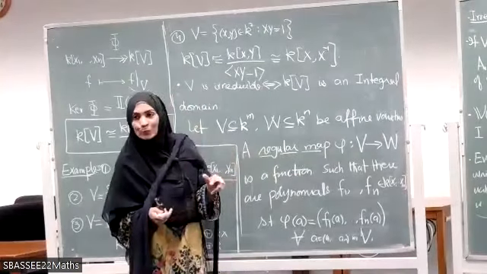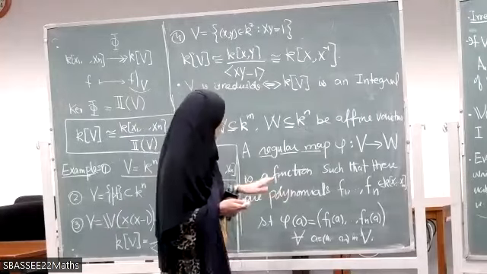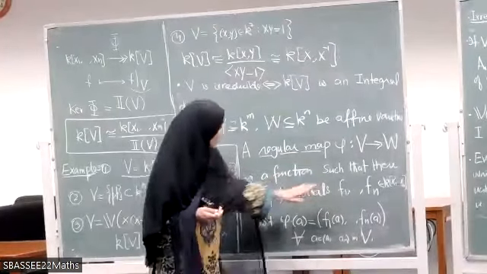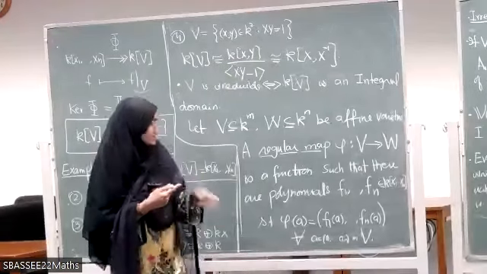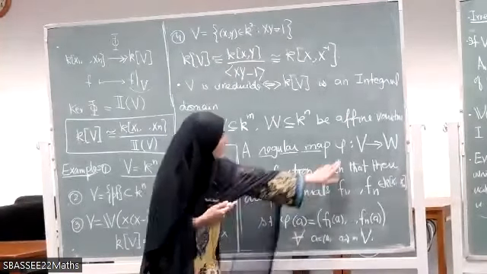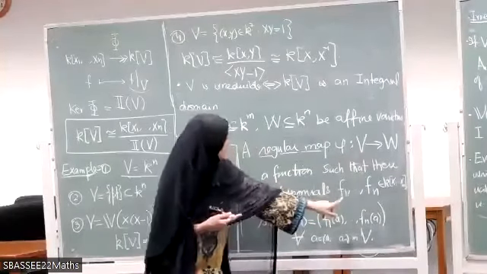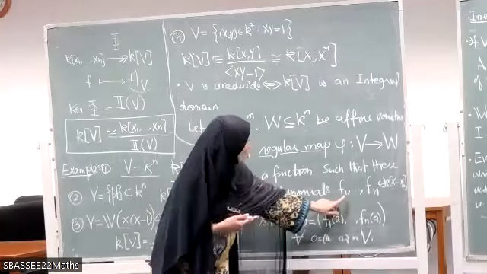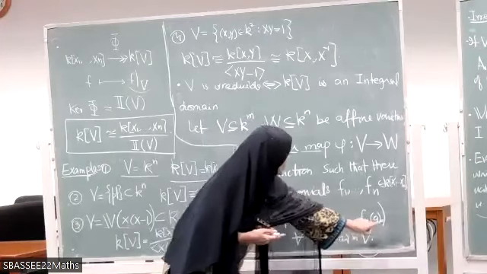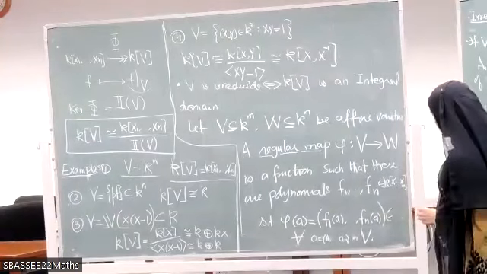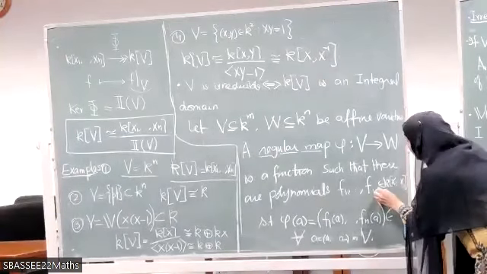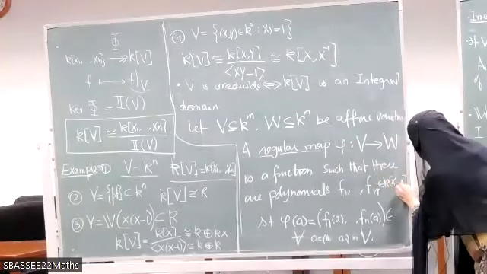But now here we want to define this map from V to W, which means that your answer must lie in W. The image must be in W. So we are defining again a regular map through polynomials, which satisfy this relation: if you evaluate phi on V, then the corresponding answers evaluated on these fi's must be in W. Sorry, let me just correct that, okay, this is n, right, this is n.